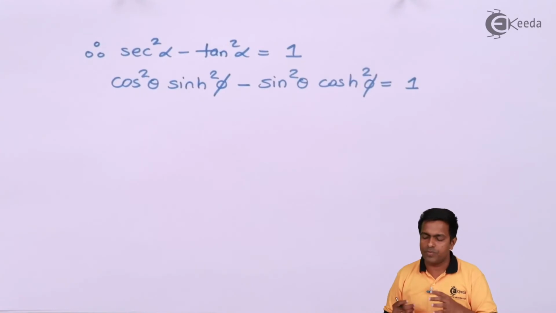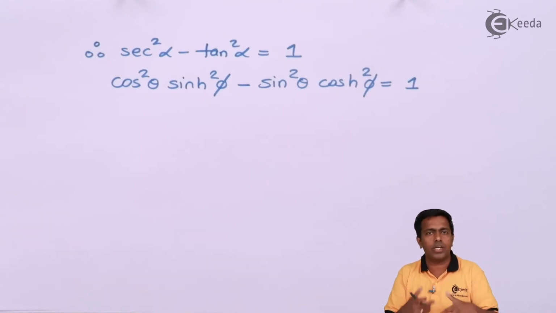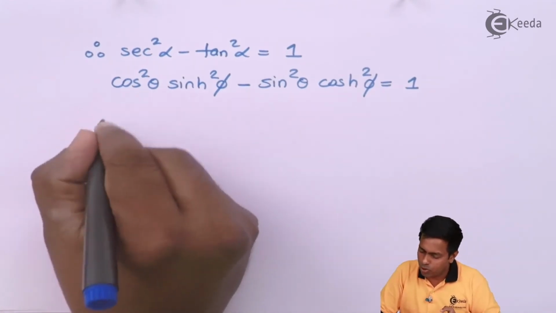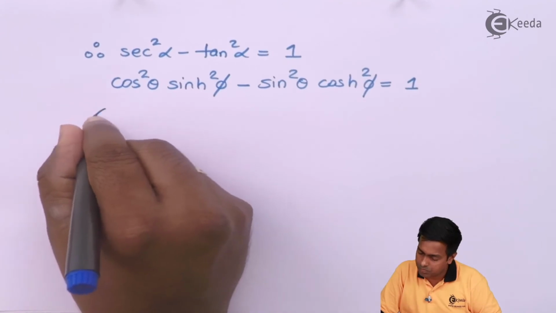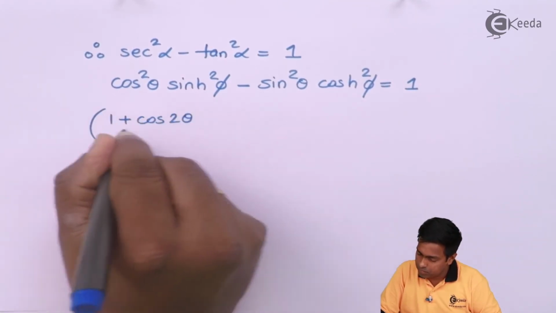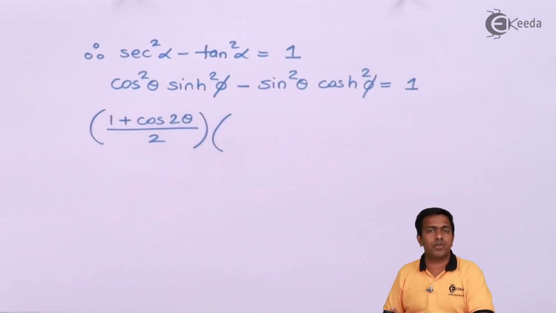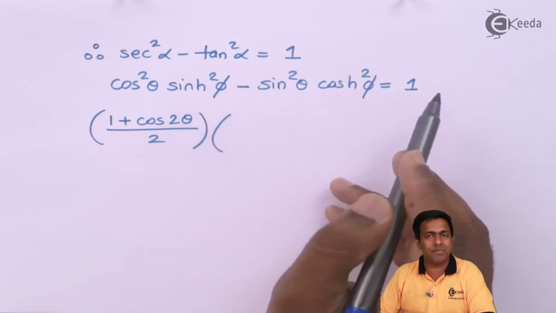So we'll substitute the formulas which will bring all terms into cos and angles as 2 theta and 2 phi. For cos square theta we have a formula. Similarly, I will substitute the formula for the remaining three terms.